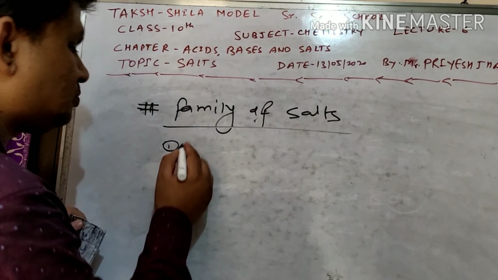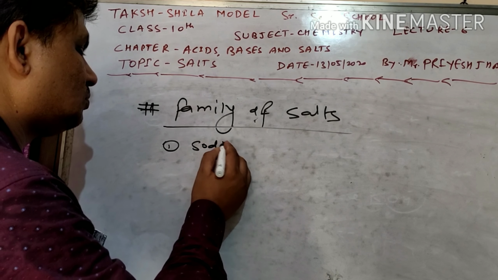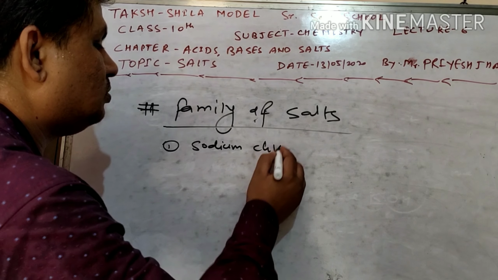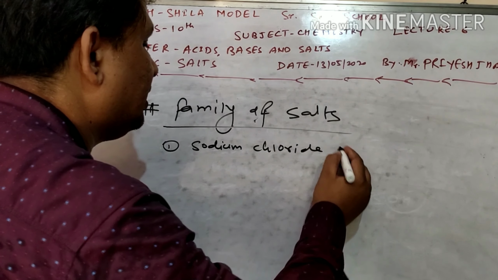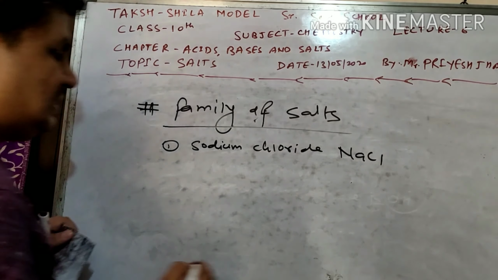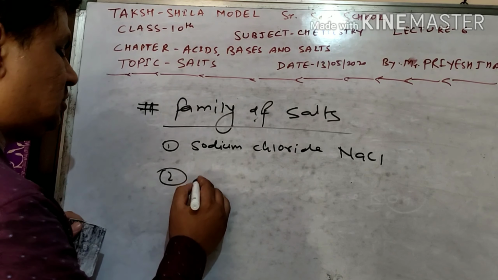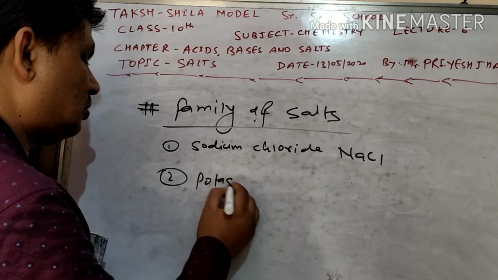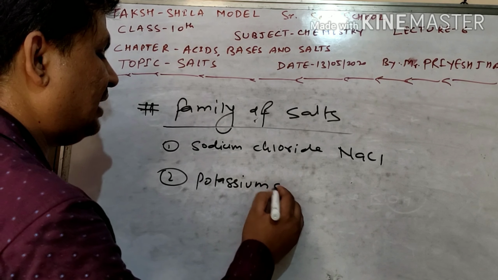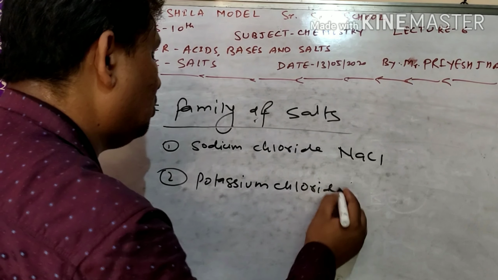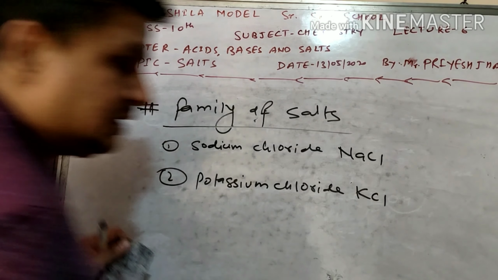Take example, sodium chloride having formula NaCl, and second one potassium chloride having chemical formula KCl.